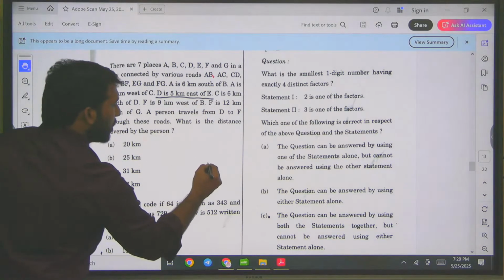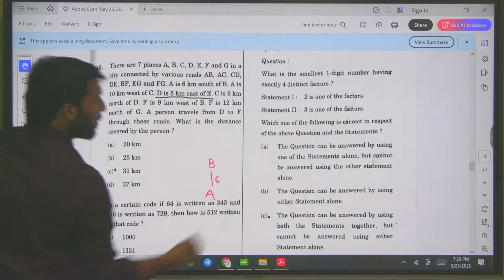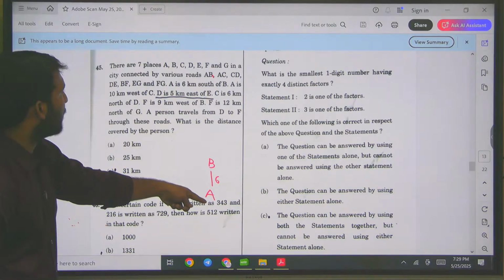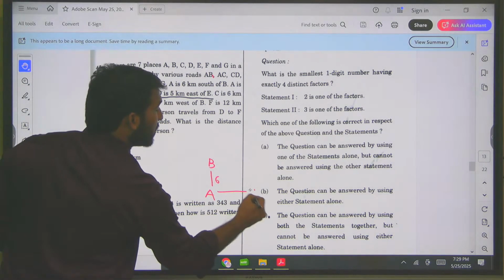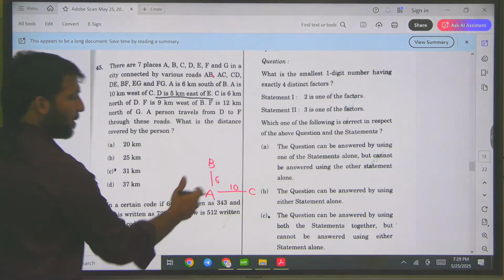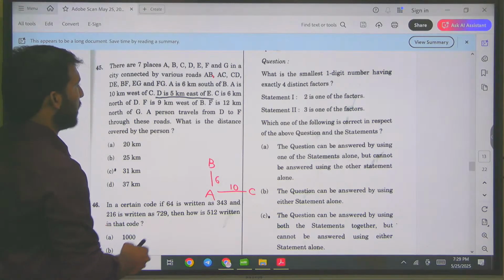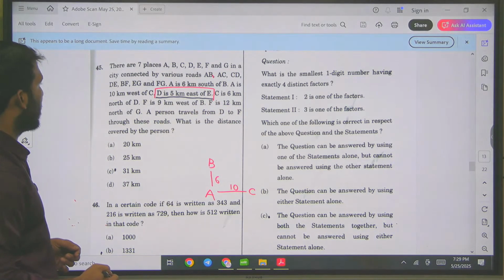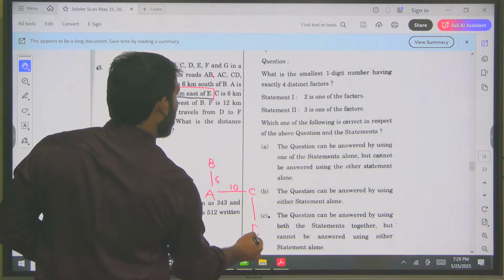A is 6 kilometers south of B. A is 10 kilometers west of C. Hold this point. C is 6 kilometers north of D.